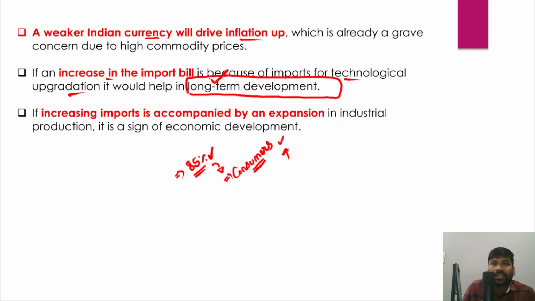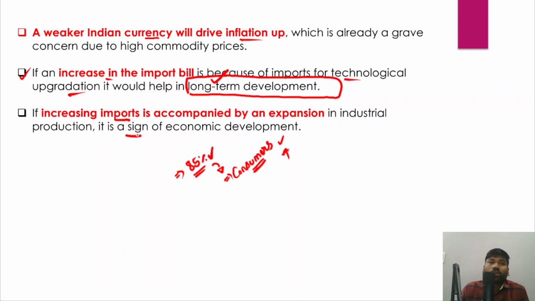So that would actually yield dividends in the longer term. They wouldn't be potentially harmful for the economy, but they give dividends in the longer term. And increasing imports accompanied by an expansion in industrial production is a sign of economic development as well, right?